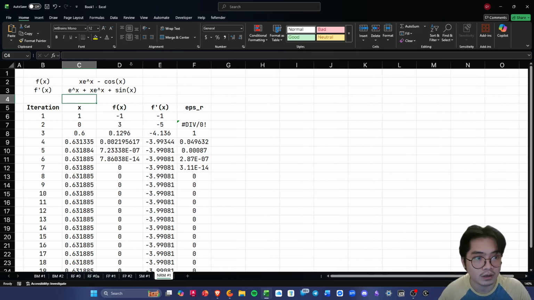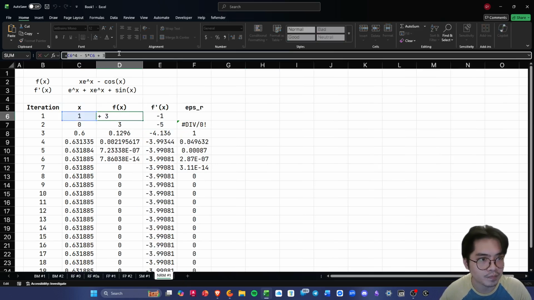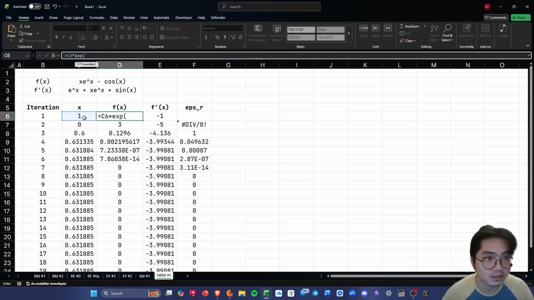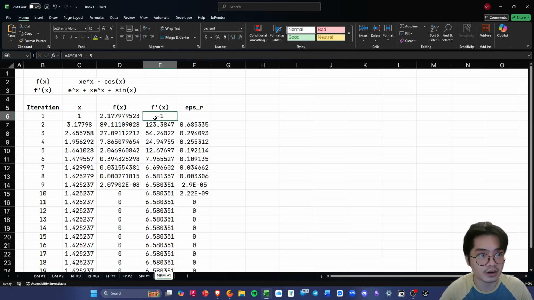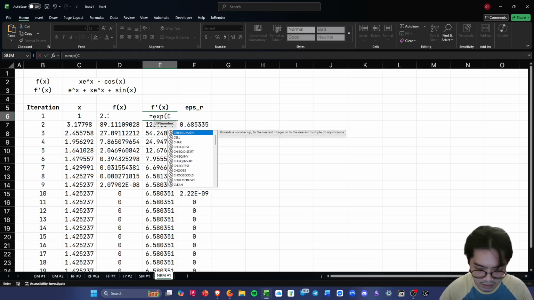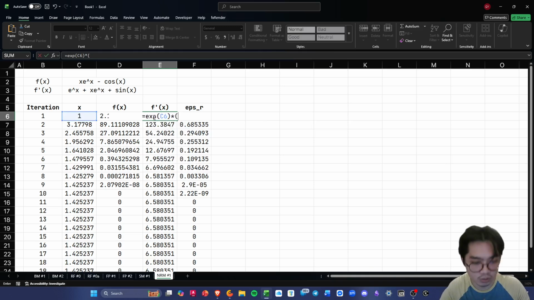There you go. You can just put this in: x times e raised to x minus cosine of x. Then for f prime, what we can actually do is group the exponent: e raised to x times x plus 1, plus sine of x.